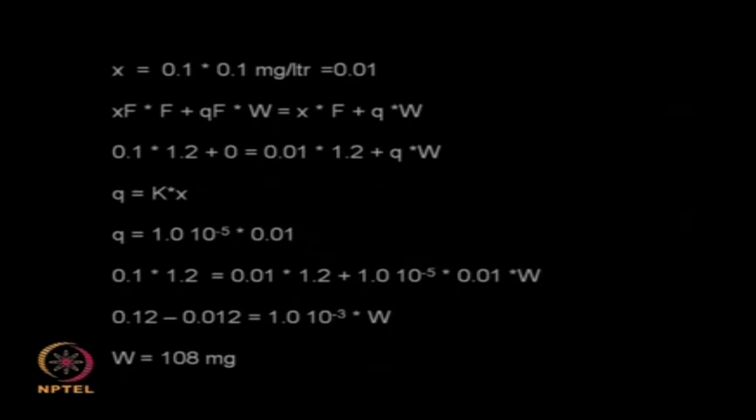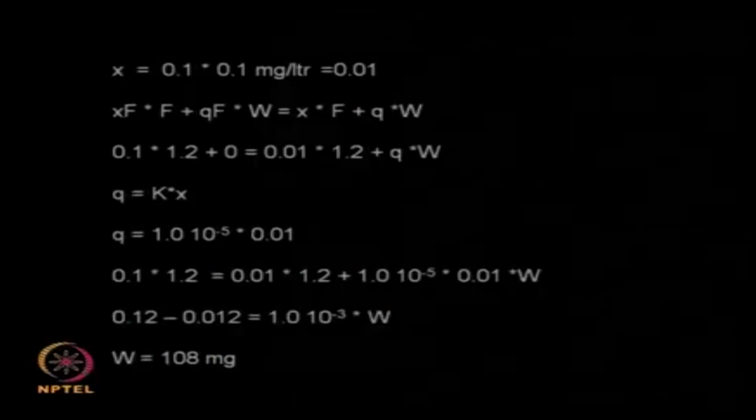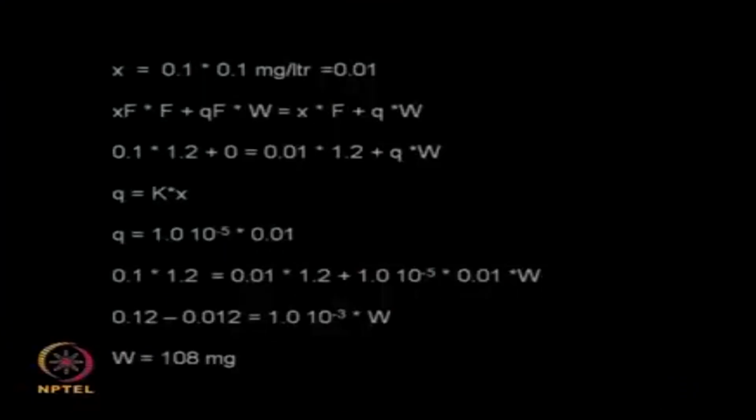That means, if I take 108 milligrams of adsorbent and add it to a solution of 1.2 liters which contains 0.1 milligrams per liter of the solute of interest, 90% of this will get adsorbed, assuming a linear adsorption isotherm with the K value of 1 into 10 power minus 5, you understand.